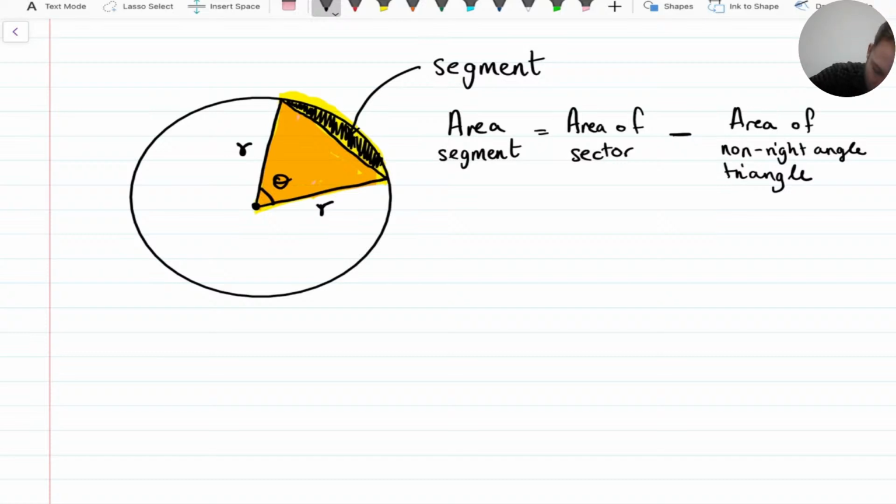So we've got the area of this sector here, which is this red part, take away the area of this non-right angle triangle, there like so, which gives me the area of this shaded part here, this black part.